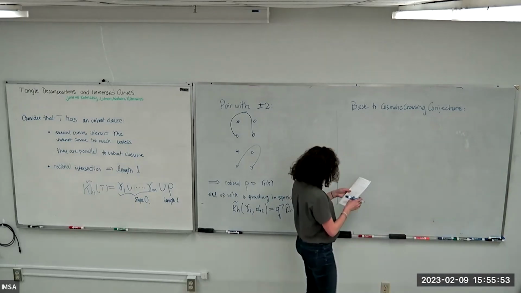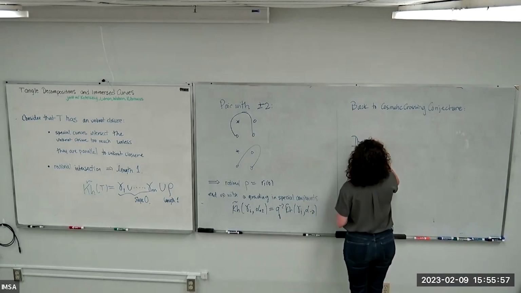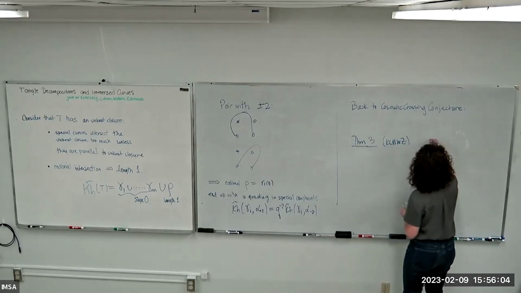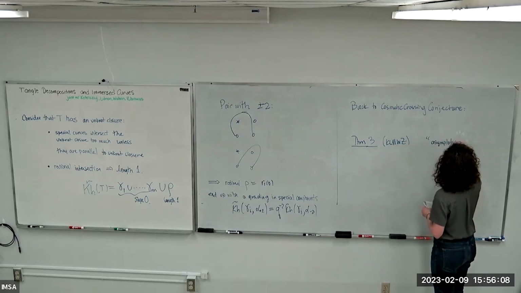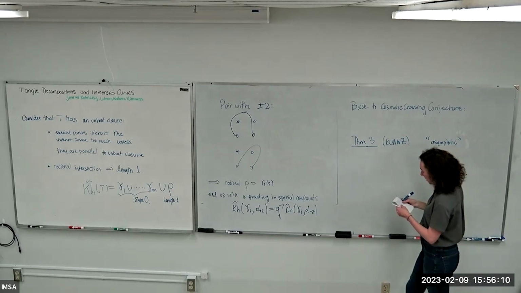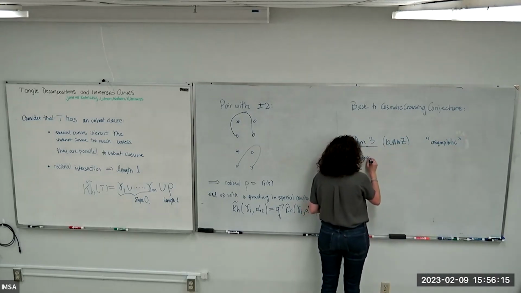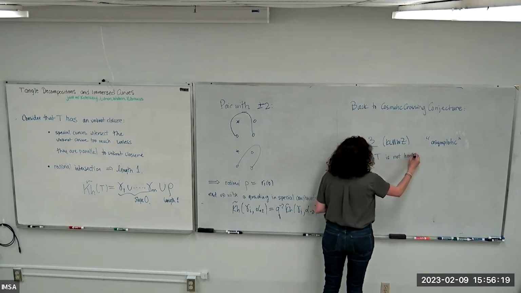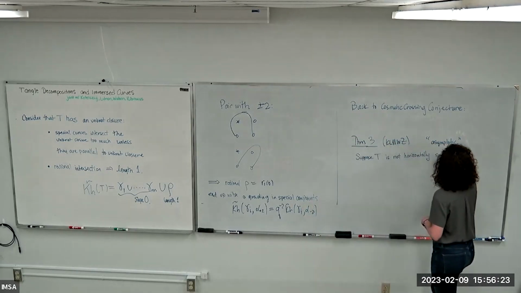So the kind of theorems that we can prove or reprove. A sort of asymptotic version of the cosmetic crossing conjecture, in the sense that we can suppose that T is not horizontally split.